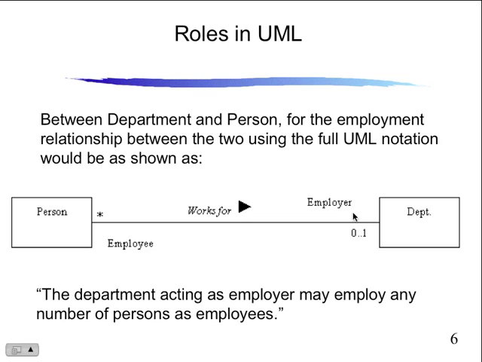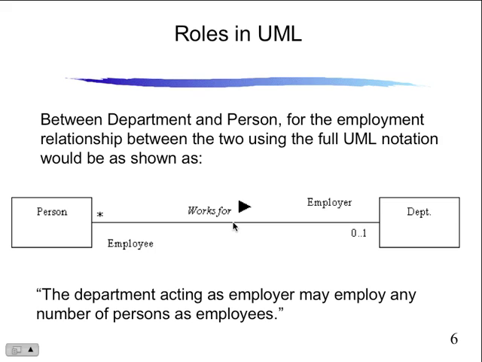The classic way of getting around this problem, and you say, well, I want this to look like an entity relationship diagram, is to put that diamond symbol in here, take away the arrow. And then you wouldn't normally put the role names on here either. So the department acting as the employer may employ many number of persons as employees.